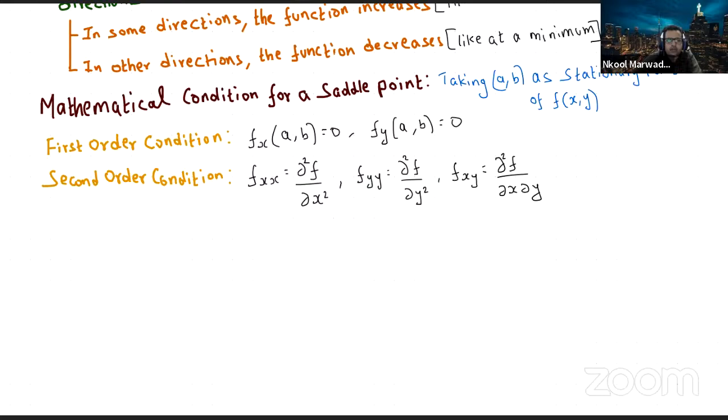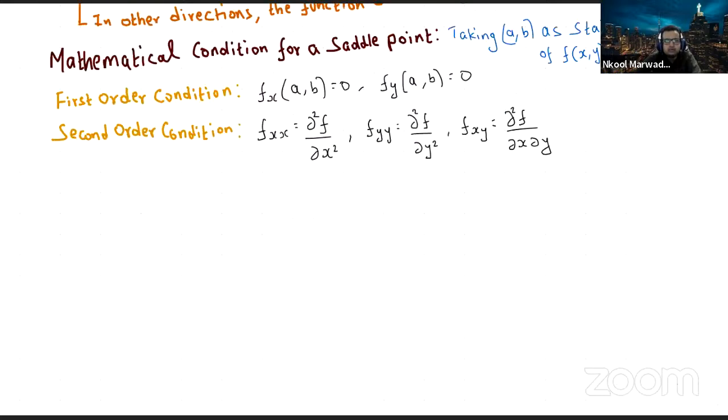As we already know, for the second order condition we have to find the Hessian determinant d. And what is this?